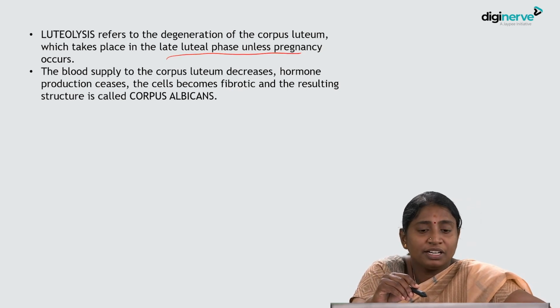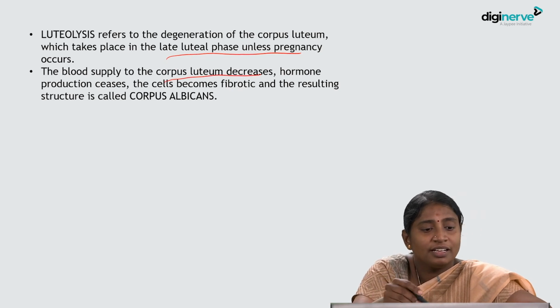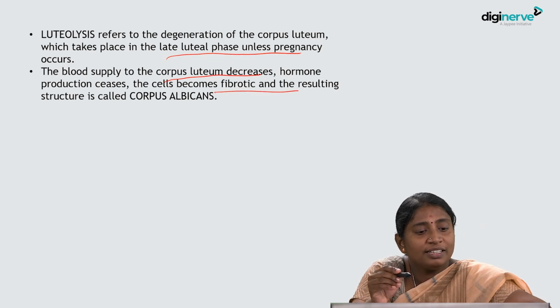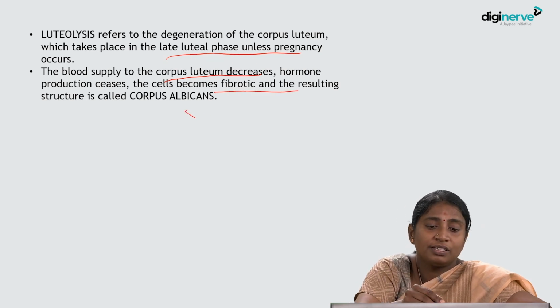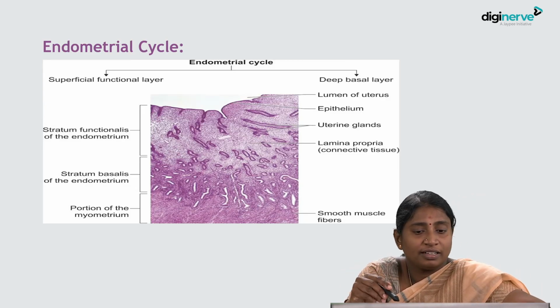If the pregnancy continues, then the corpus luteum continues to function until 6 weeks of pregnancy. The blood supply to the corpus luteum decreases, the hormone production ceases, and the cells become fibrotic, resulting in the structure called corpus albicans. What happens in the endometrial cycle?